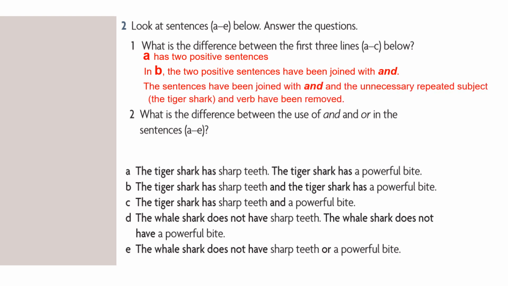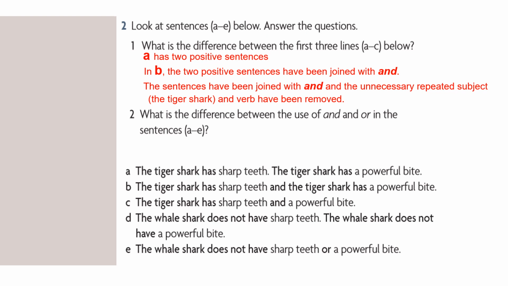The sentences have been joined with and, and the unnecessary repeated subject, the tiger shark, and verb have been omitted in sentence C. Look at this sentence. The tiger shark has sharp teeth and a powerful bite. So you can see this sentence looks far better than the previous two sentences.